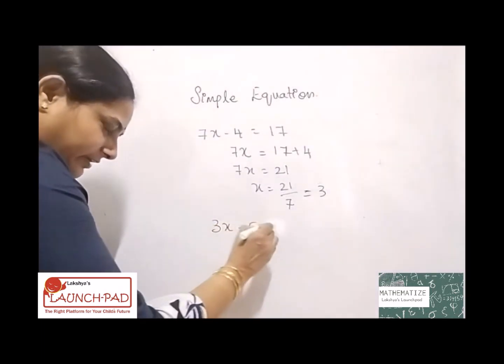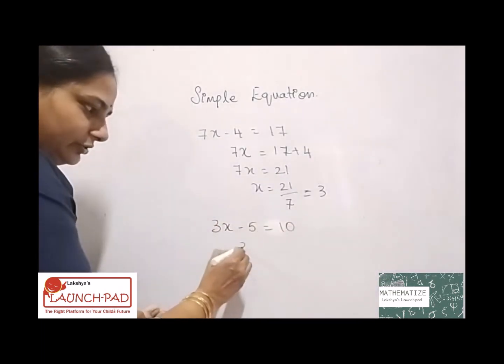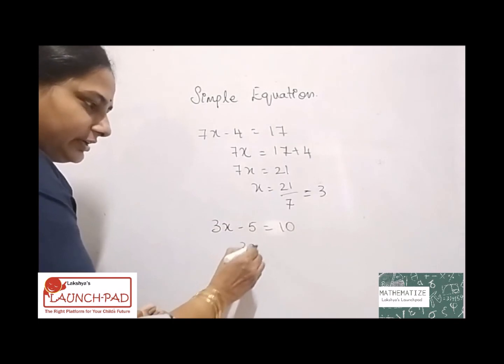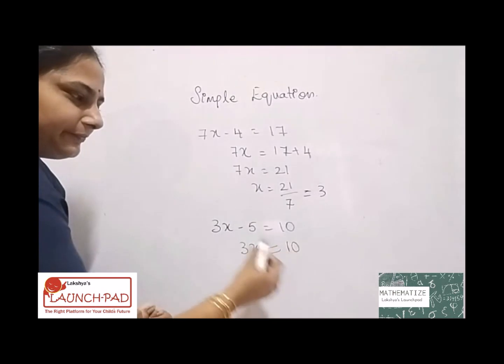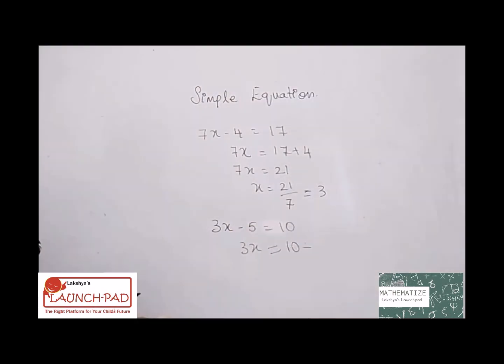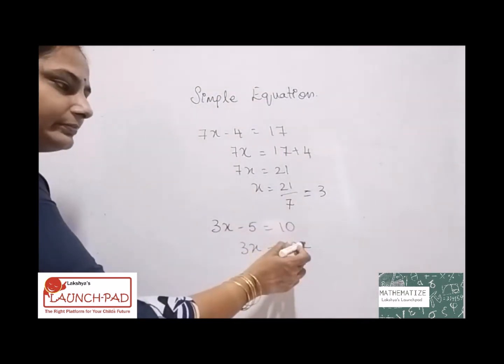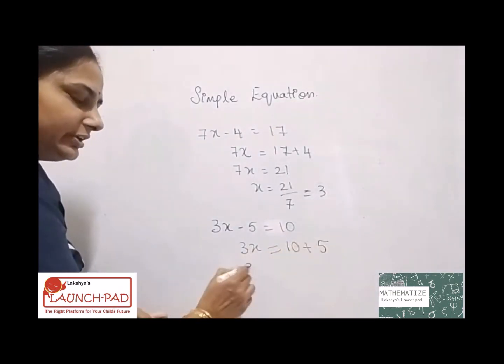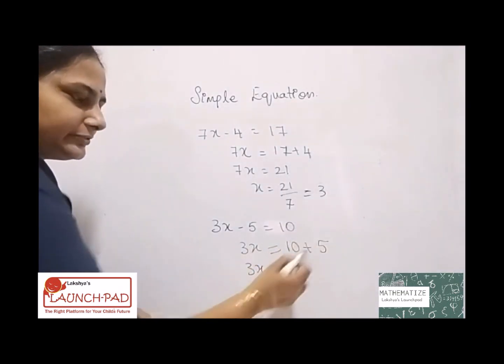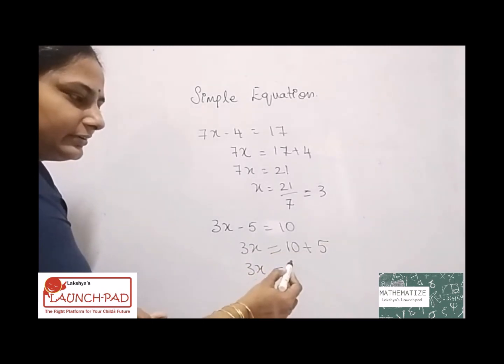3x minus 5 equal to 10. So it will become, Pradita, you tell, 3x will be equal to 10 plus 5. So 3x will become 15.